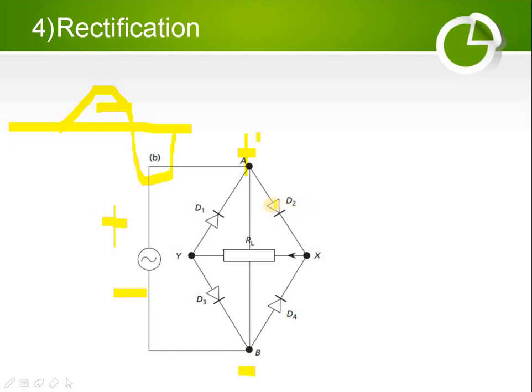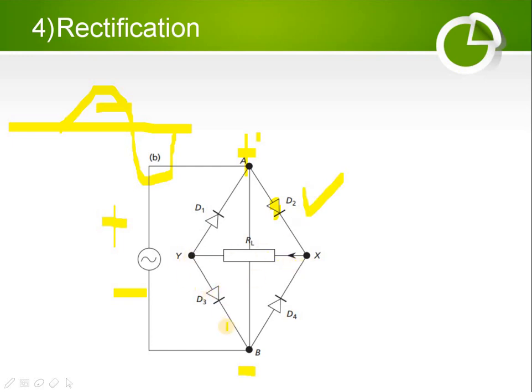So D2 is positive, and I shade it. When D2 is positive, it allows current to pass, while at D1 the positive goes to the cathode of D1, so it does not allow current to pass. So D1 is not in forward bias, it is in reverse bias. D2 is in forward bias.